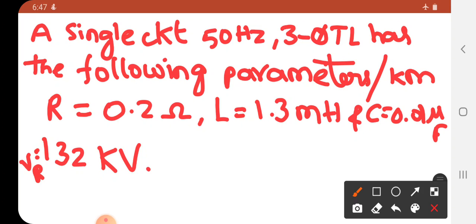The first one: the incident voltage to neutral at the receiving end (reference).